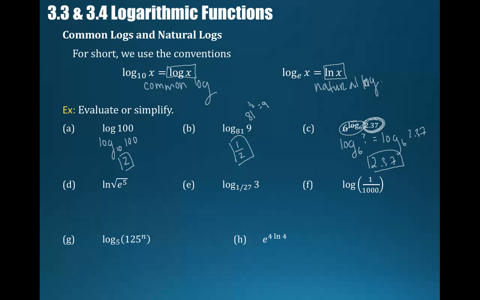Ooh, look at this one. Let's see, ln of the square root of e to the 5th, right? So this is like log base e of e to the power of, well, how could I rewrite that? 5/2, right? Raising something to the 1/2 power and square root are the same thing.